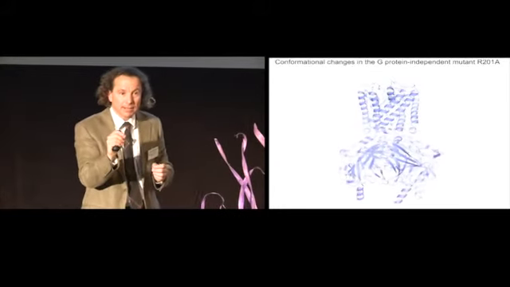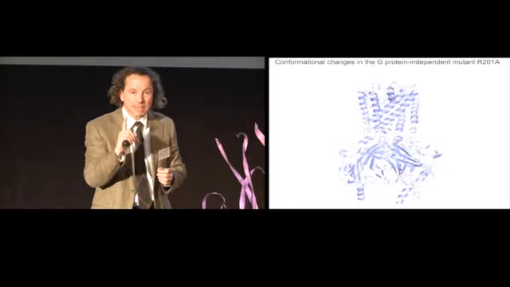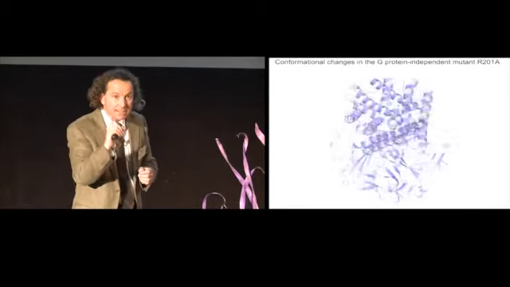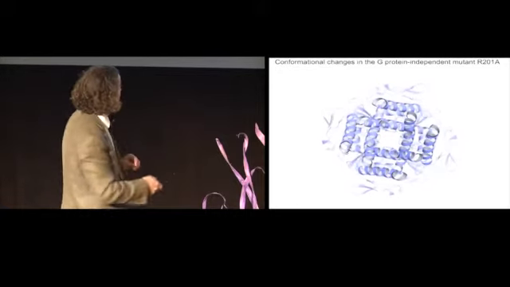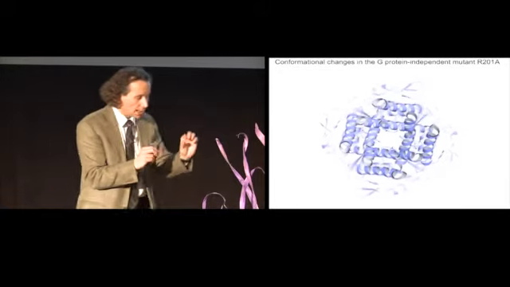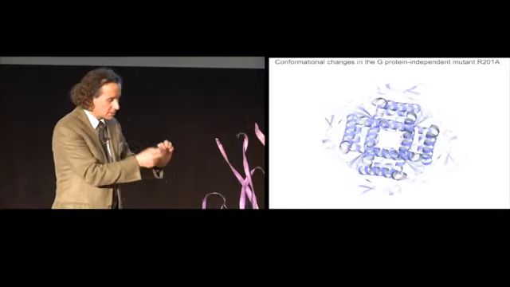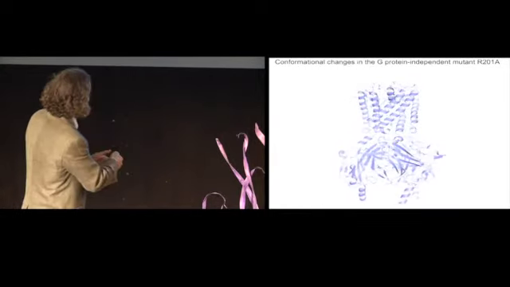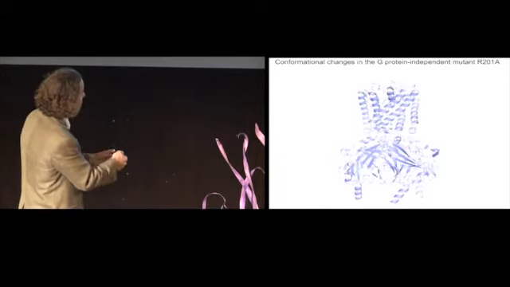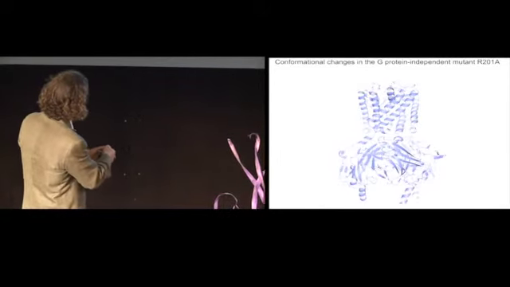Now, when I saw that, I realized, aha, this makes sense from the electrophysiology or functional recordings I've seen from many labs for many years, and that is if you isolate a patch of membrane with the channel in it and add the G proteins, what you observe is that, so this is just showing two different voltages, it's current and time.